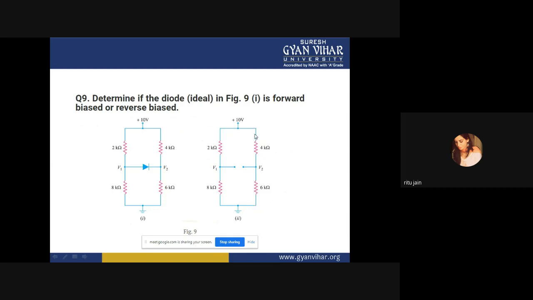The total voltage drop across this branch is 10 volt. Now you can apply the voltage division rule across this branch, and you will get 10 into 6 upon 6 plus 4 kilo ohm.